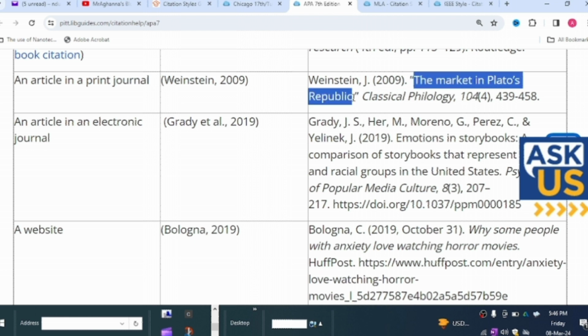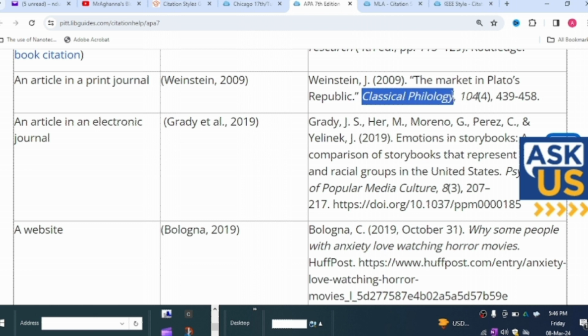This is the title of the paper, and this is the journal that is publishing the paper. If you look at this, you find the issue of that paper and also the volume in which that particular paper was published. Then this is the page number. So you include these details under the bibliography.